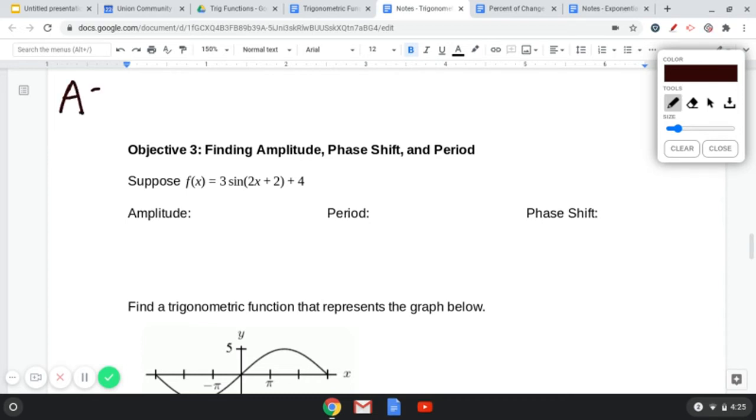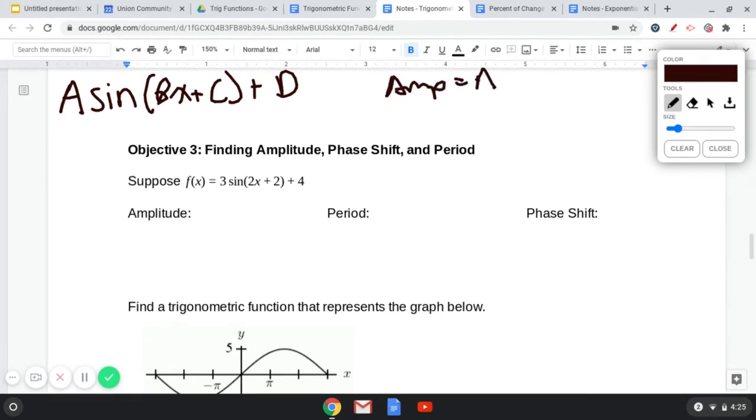In the function a times sine of bx plus c plus d, the amplitude is a, the period equals 2 pi over b, and the phase shift is negative c over b.